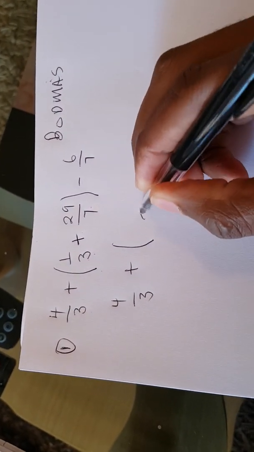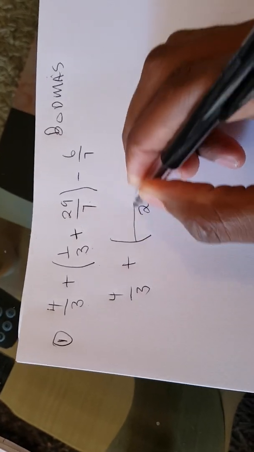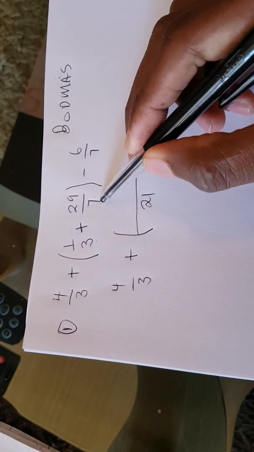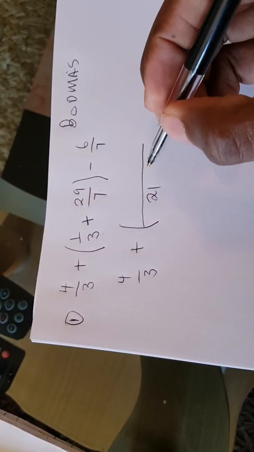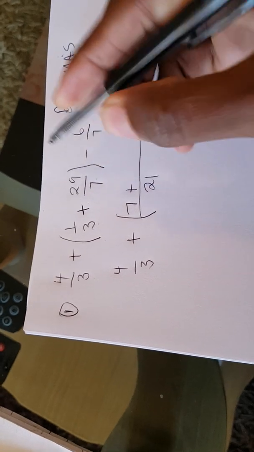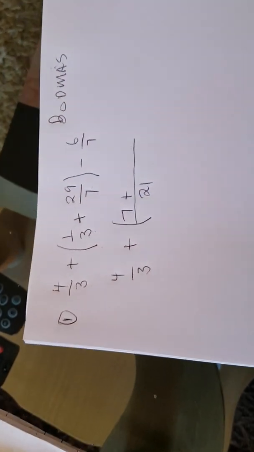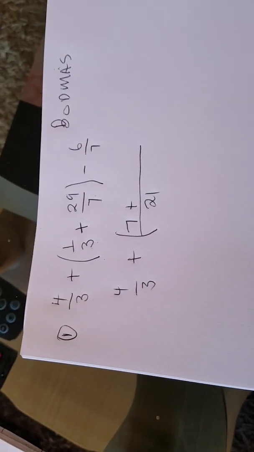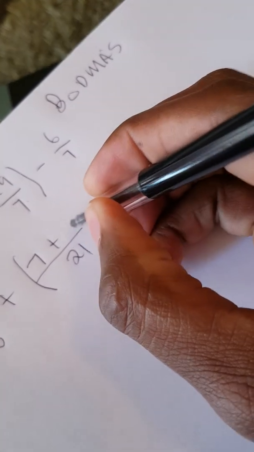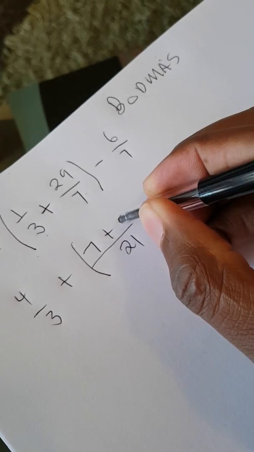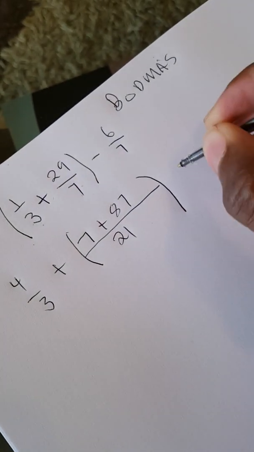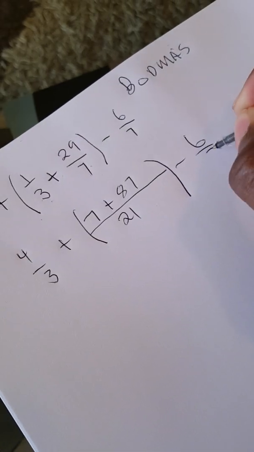So my LCD will be 21, and then I'll say over, and then 7 times 1, I'll get 7, plus 3 times 29, I'll get how much? 3 times 29 is going to be 87, and I'll close the bracket and say minus 6 over 7.